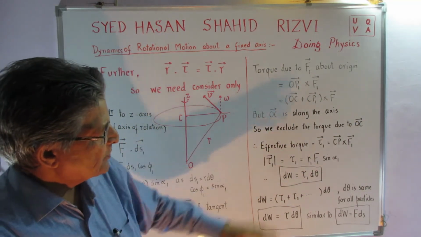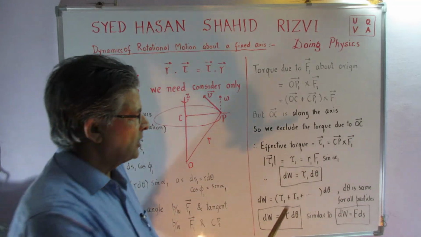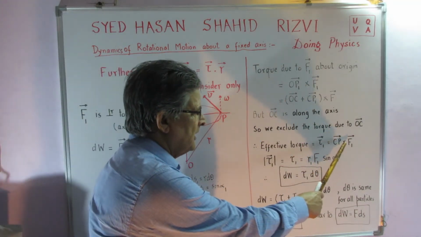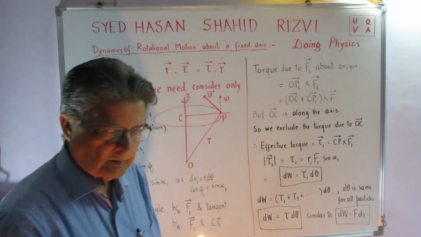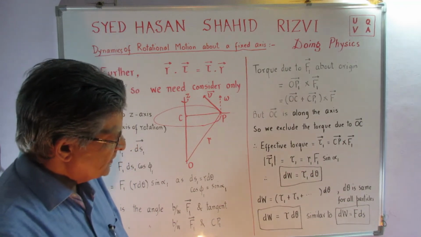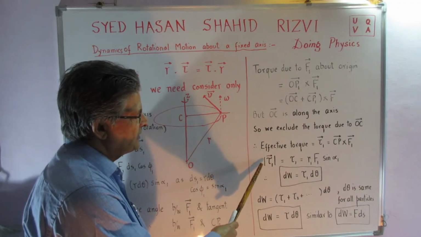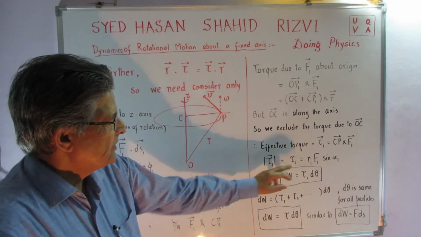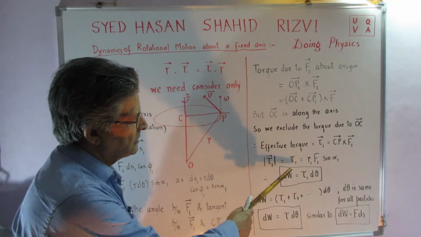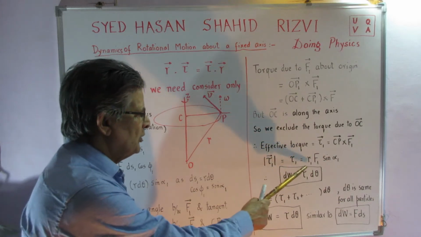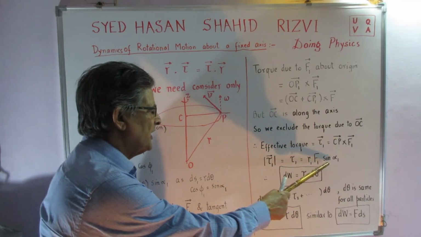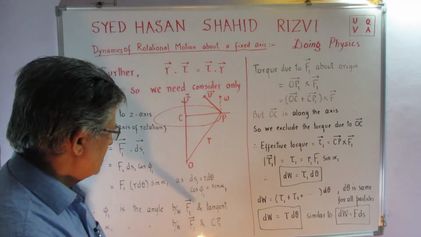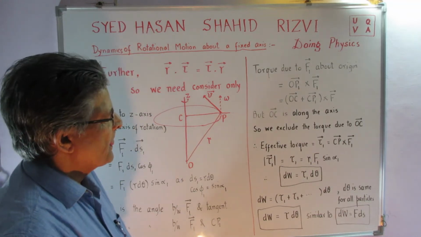So the effective torque becomes torque 1 is equal to CP cross F1, which means the magnitude of the torque, taken as tau 1, is R1 F1 sine of alpha 1, which we have obtained here.